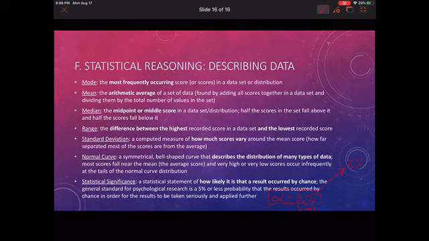So the lower your alpha value, if we have a 0.01, now we only have a 1% chance that something's wrong with your study. Over here, we have a 0.1% chance that something's wrong with your study. So the lower the alpha value, the greater the statistical significance.